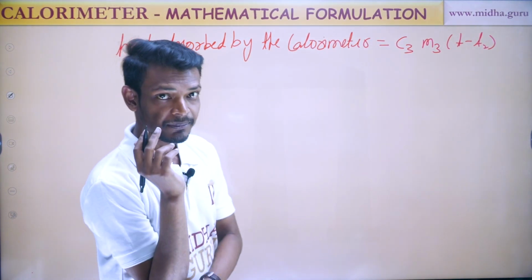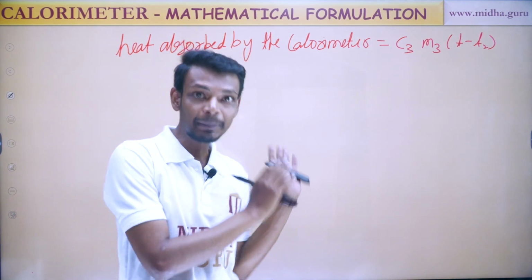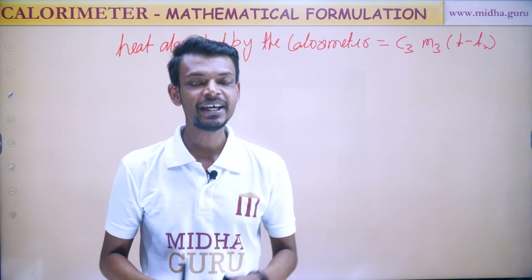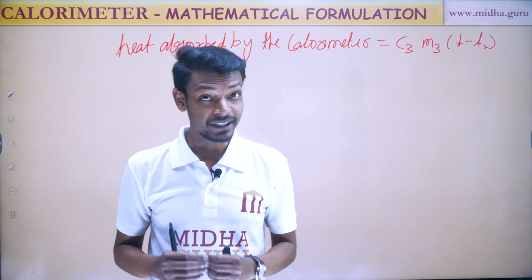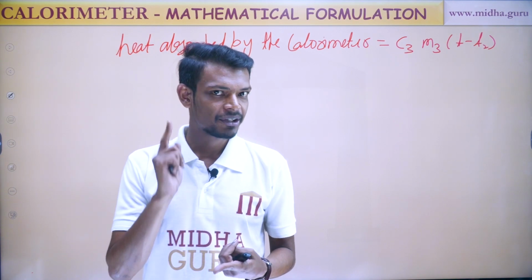Now you see, the only substance which is losing heat in this system, in the example that we have taken, is liquid A. And there are two substances which are gaining, or absorbing, the heat. First is liquid B and another one is the calorimeter itself.